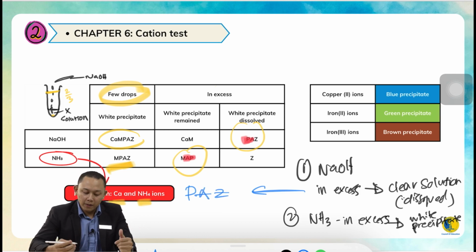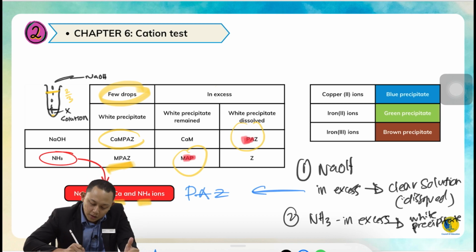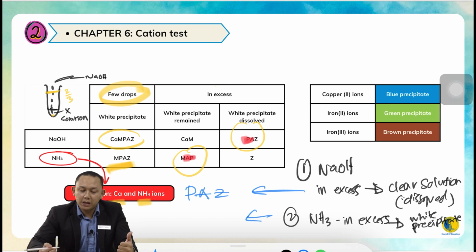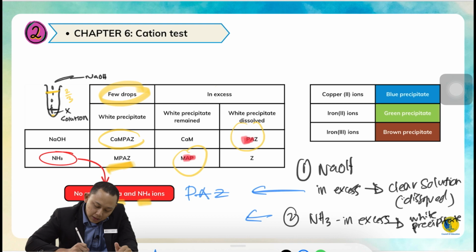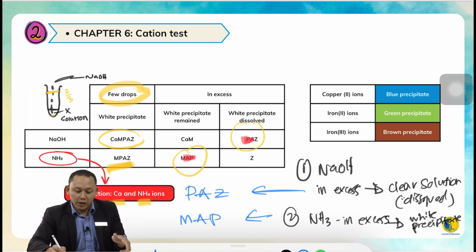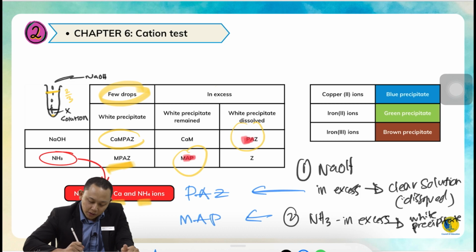Second test, you use ammonia in excess and there will be a white precipitate remaining. You still can see the white precipitate. So this tells you that it might contain magnesium, aluminium, and also lead. Now I'm going to highlight these two things here.